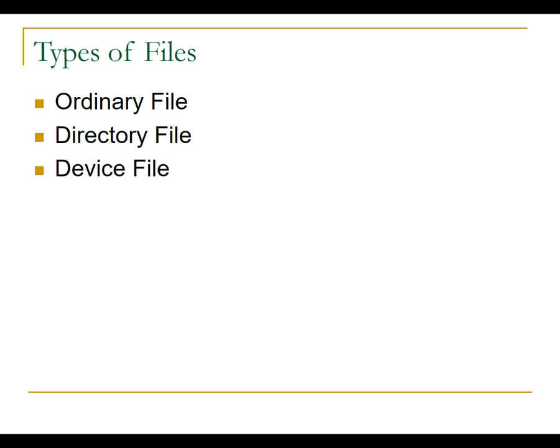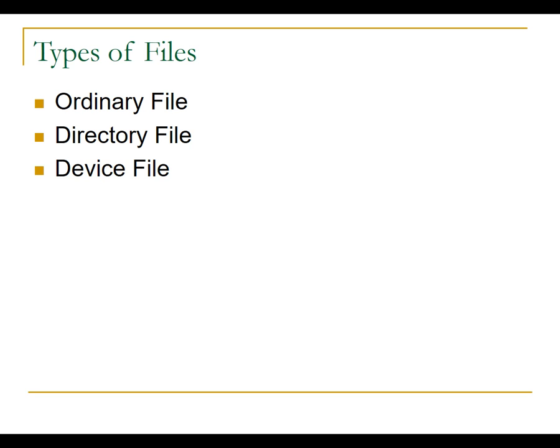Now, whenever any user creates a file, they can create three different types of file, that is the ordinary file, the directory file, and the device file. So there are three types of files available in Linux: directory, device, and ordinary file.